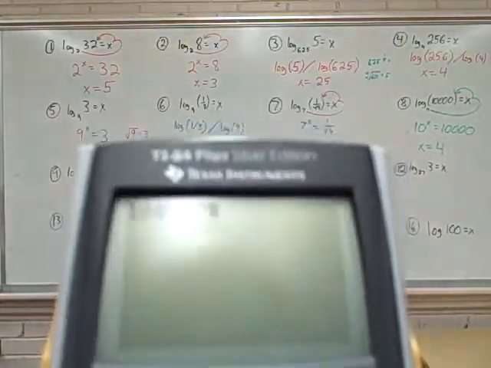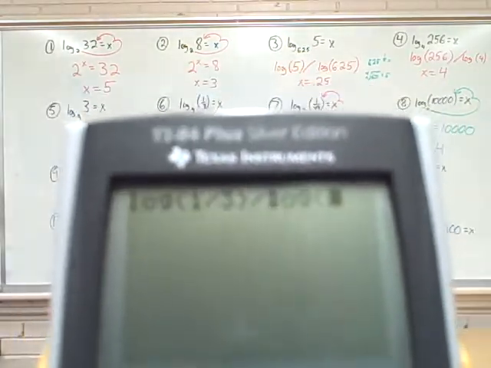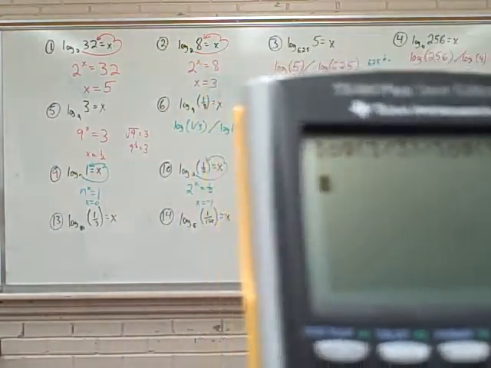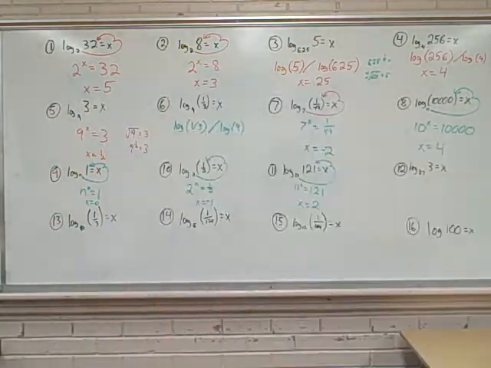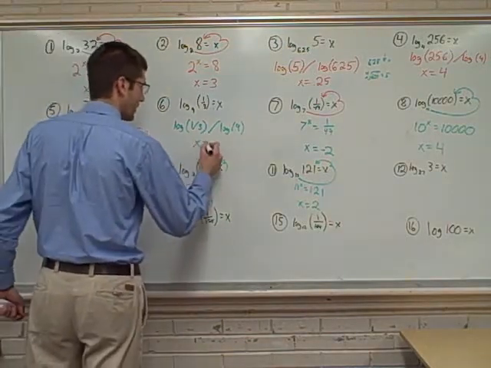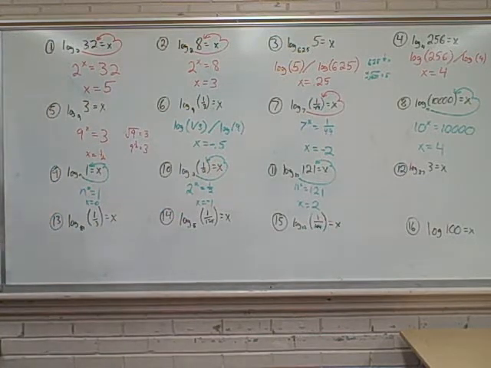Log of 1/3 divided by the log of 9. You get negative 1/2.